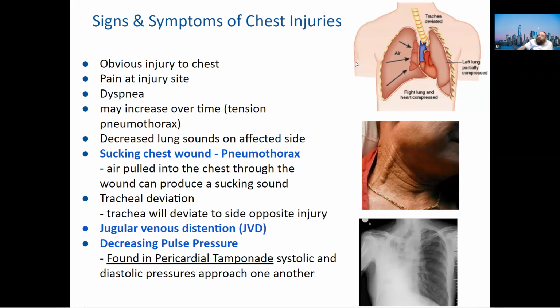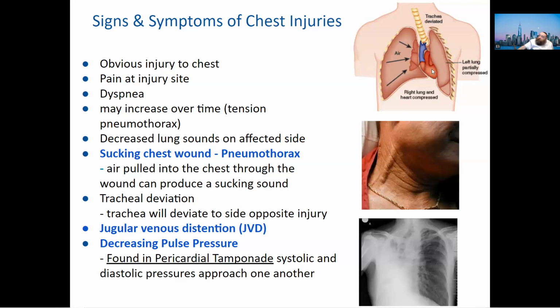Okay. And the answer is that the trachea will no longer be midline. It will be deviated to one side. So here we have air flying in, bad lung is collapsed.